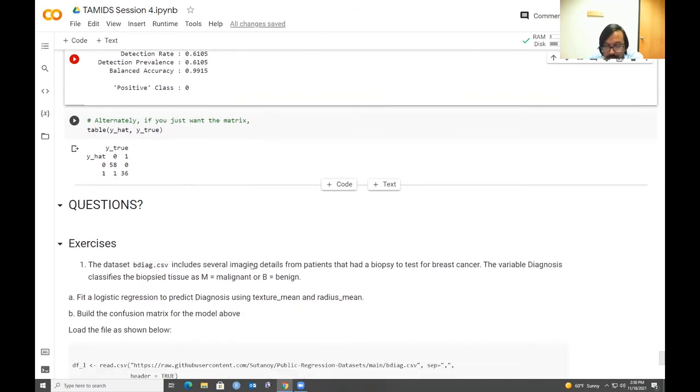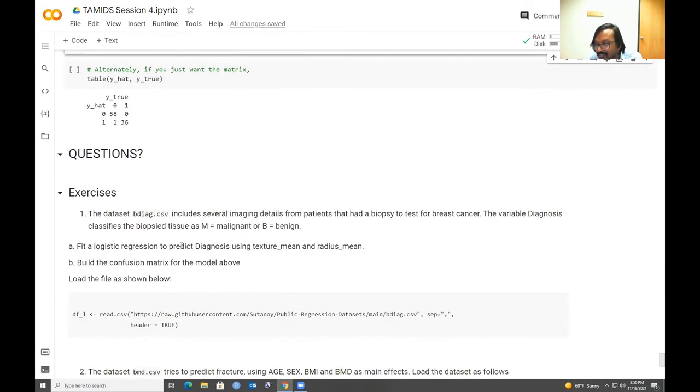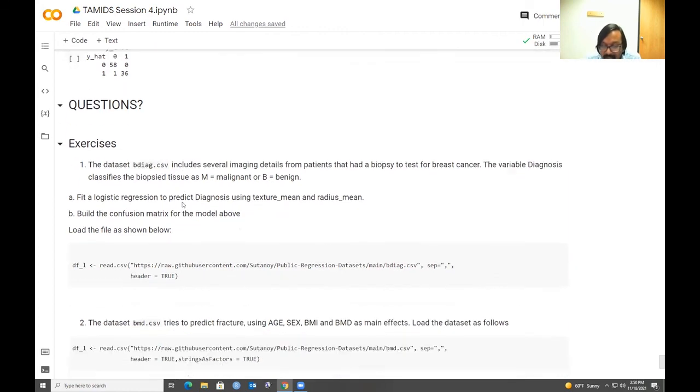I would like to talk about some questions and exercises that would give you more practice on getting used to using R to perform logistic regression and trying to interpret the model fitting as well as the model outputs, the prediction performance using the confusion matrix.